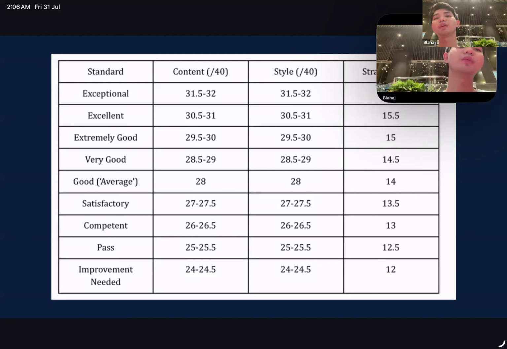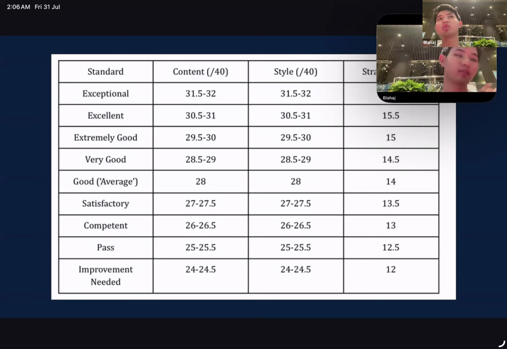So in total, if we total up everything, the total marks is 100. 40% is about your chemistry knowledge, while another 40% is about how clearly you are presenting this knowledge during your speech, and how well you are able to debate and persuade the jurors why you are winning the debate compared to the opponent.